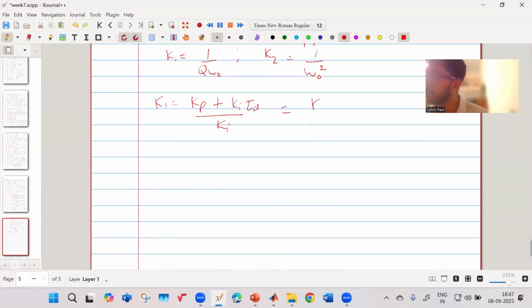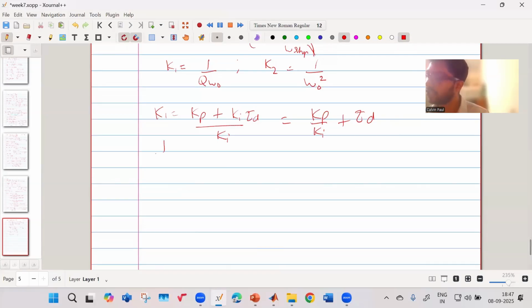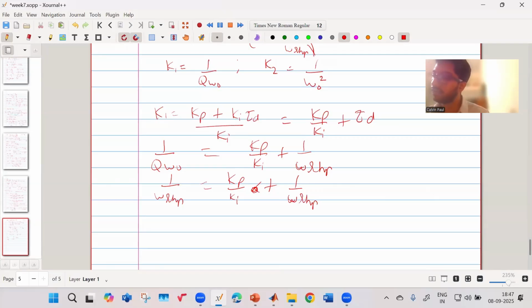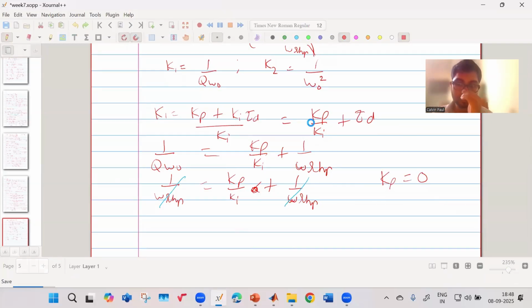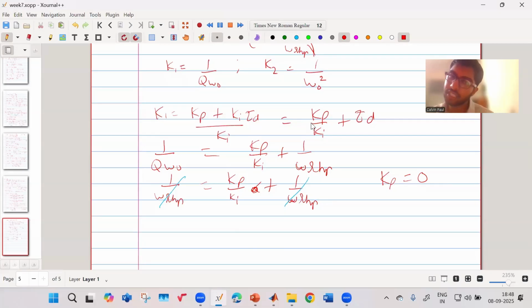So that is equal to Kp by Ki plus tau d. But your K1 is 1 upon Q omega naught, which is equal to Kp upon Ki plus 1 upon omega RHP. And as I discussed, Q omega naught in the case of ideal buck is omega RHP. So these two again get cancelled. So this implies your Kp is equal to 0. Okay, so we have got our Kp equal to 0.